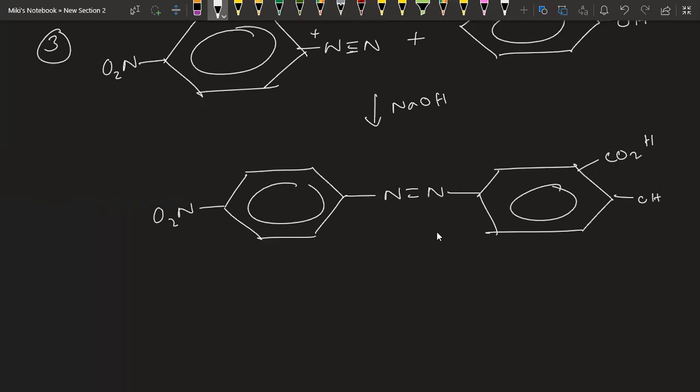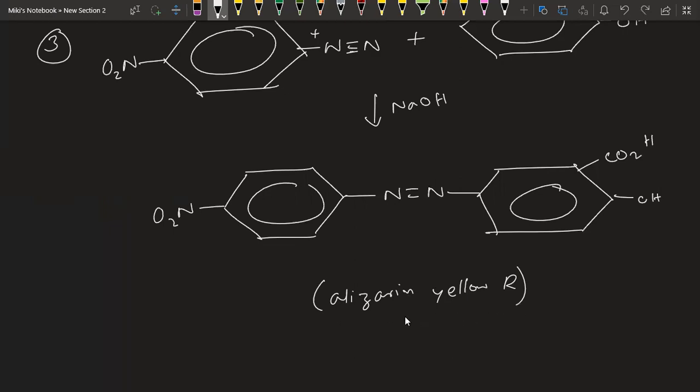Now this structure we formed here is known as alizarin yellow. These are not necessary for you to memorize. They are just for information. Oftentimes you will see questions that mention alizarin yellow and things like that. Don't worry, they're not going to ask you for structures or to give the name.